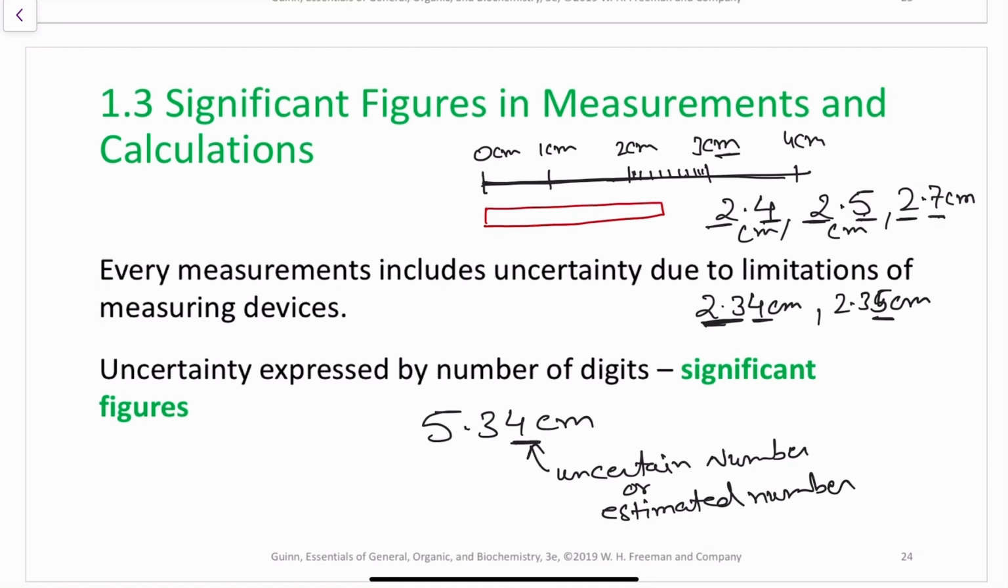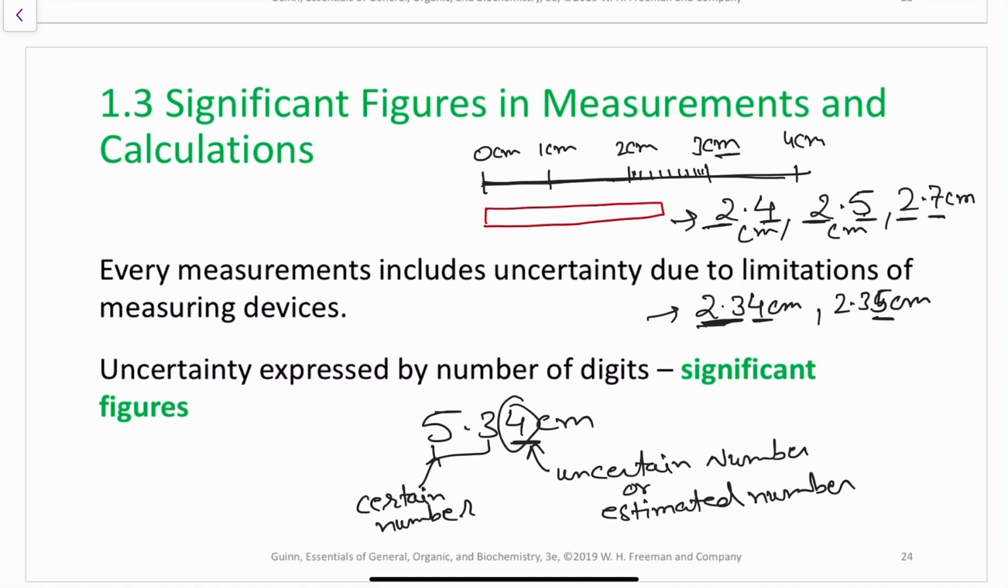And the rest of the digits in that measured number we call certain numbers. Why? Because with certainty we can say that 5.3 is the measured number for that particular object, but we are not sure about the last digit, 4, same as in all the examples that we did above. So always remember this.